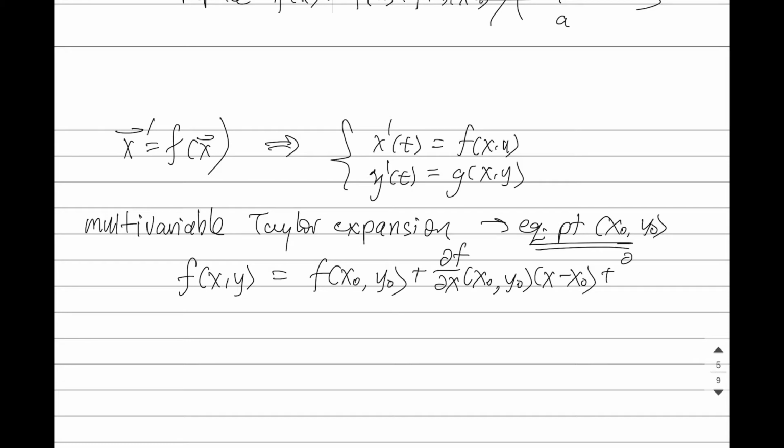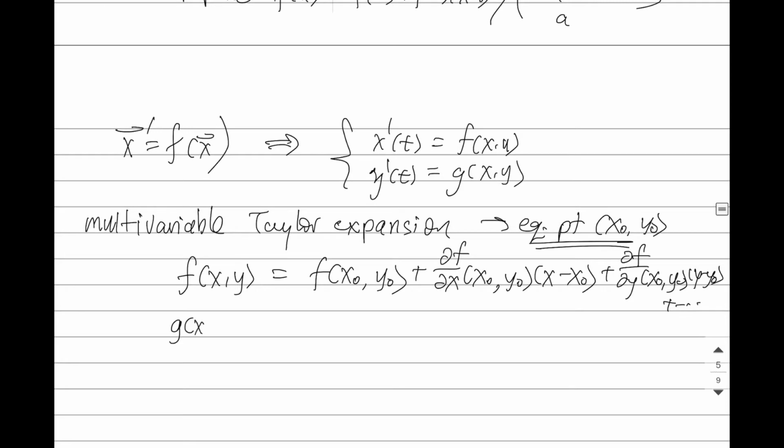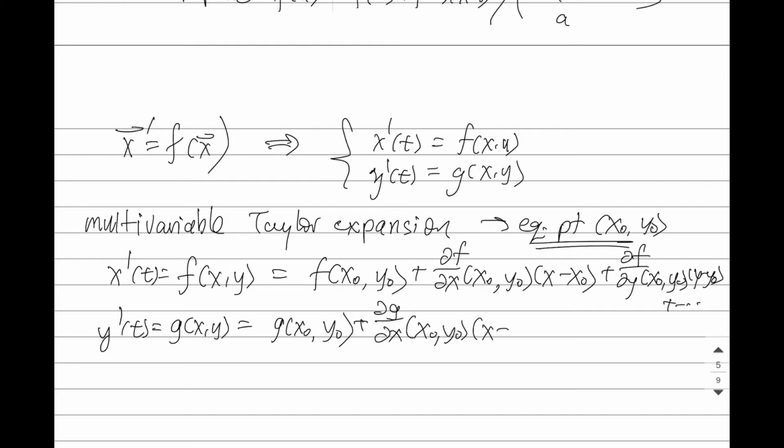We need to ensure that we've got a term for each of the first partial derivatives, and then do the similar thing for the next equation. So this would be x prime, and this would be y prime. We linearize by doing this multivariable Taylor expansion about these points.